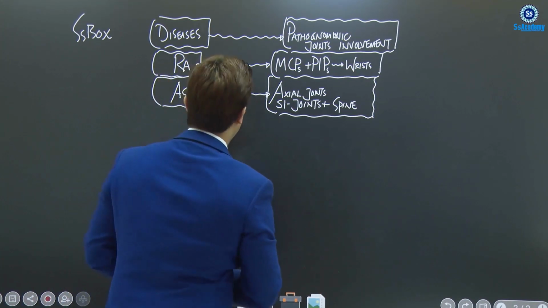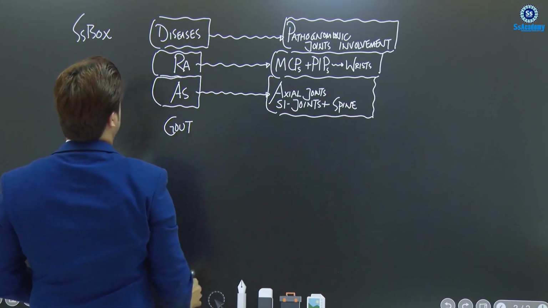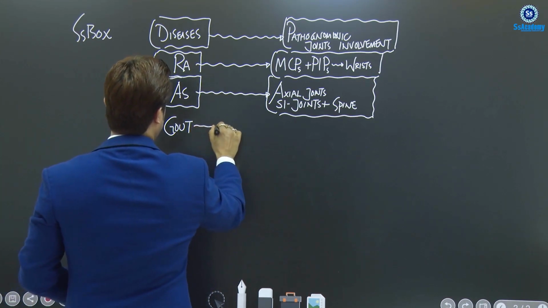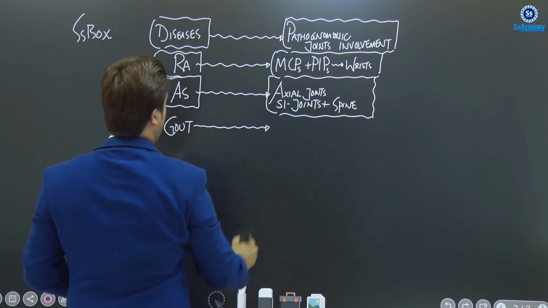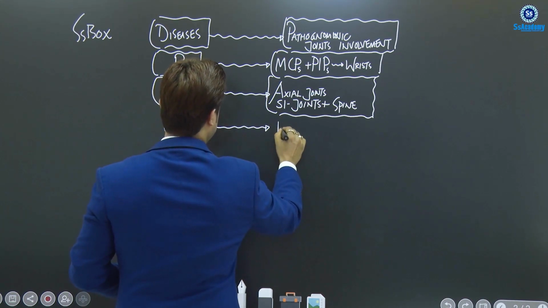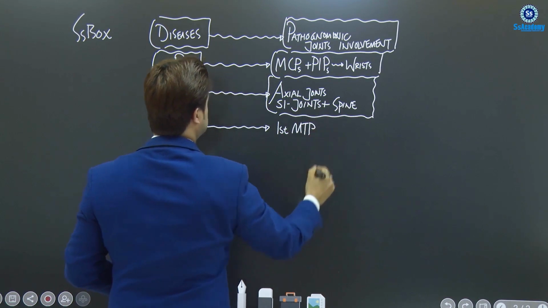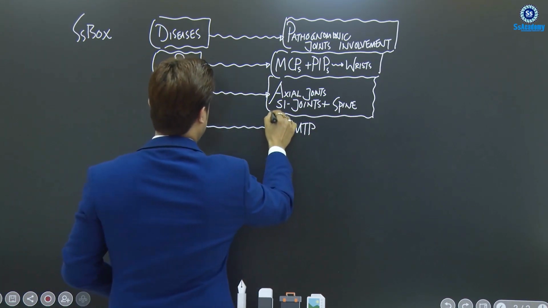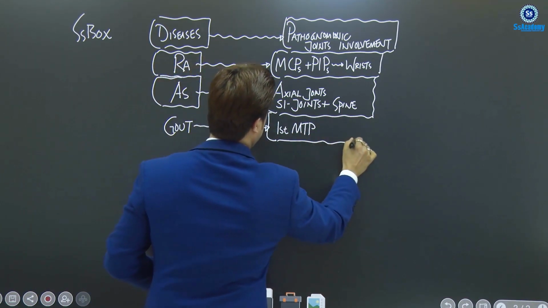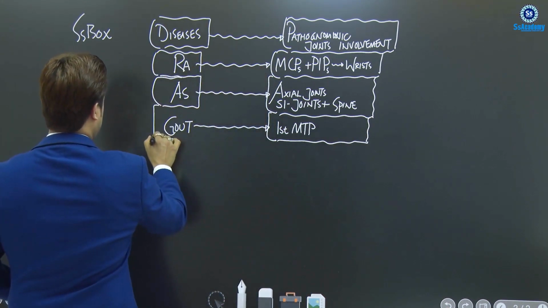Now we'd love to write down gout, my dear. The typical joint involvement in gout is the first MTP, the first metatarsophalangeal joint. Gout, first MTP.